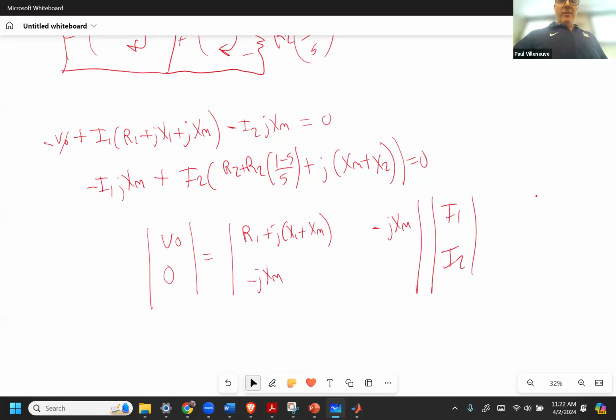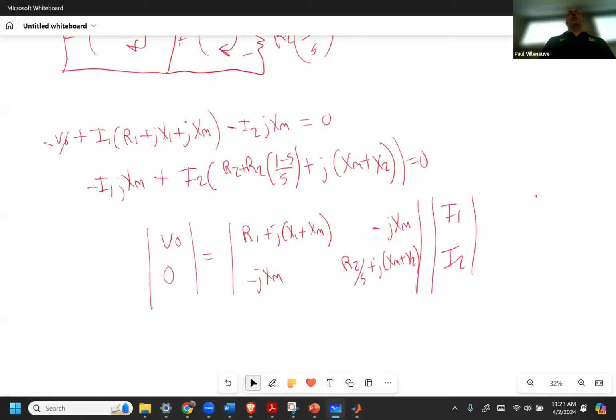And this one becomes, let's see, we'll just call this R2 over S plus j times (XM plus X2). Remember that from linear algebra when you first learned algebra? Don't remember this? Yes, sir. I combined these two because I just didn't want this equation to go on forever. But yeah, you can combine them and get that, or you can just keep them separately. They're equivalent to each other.